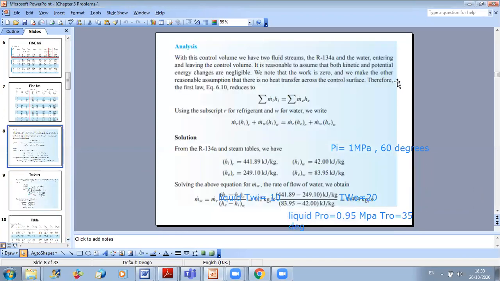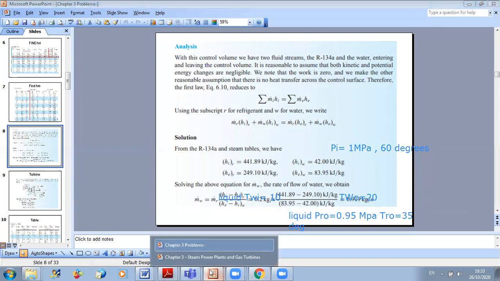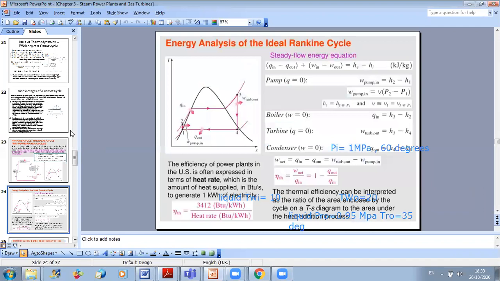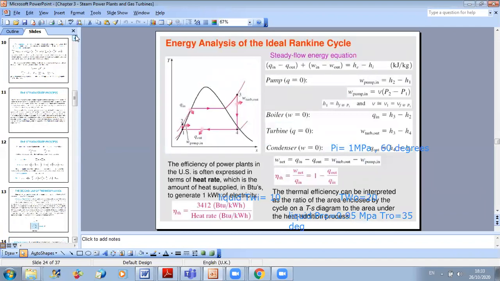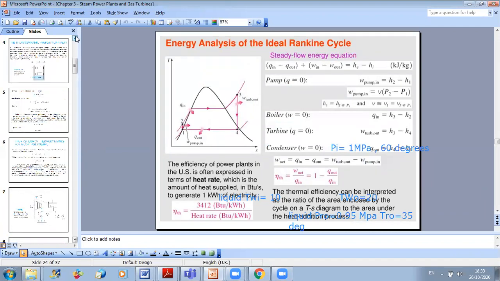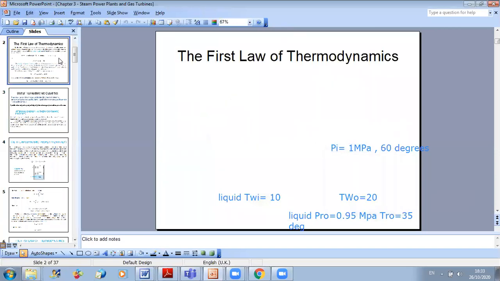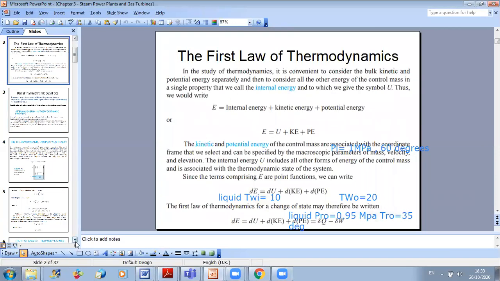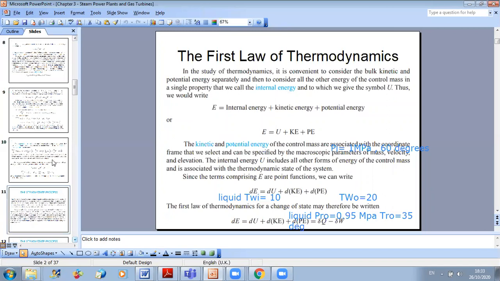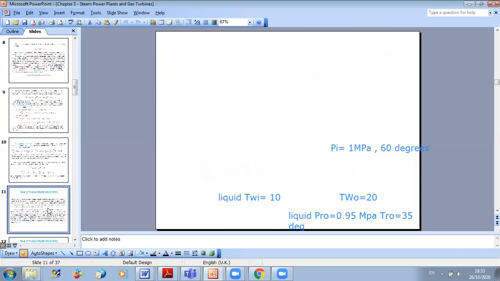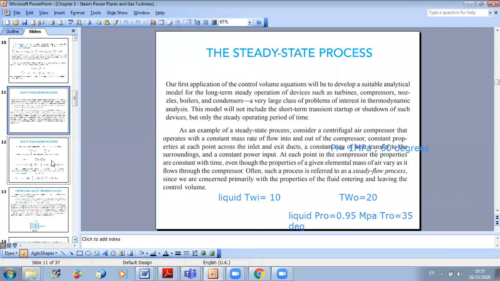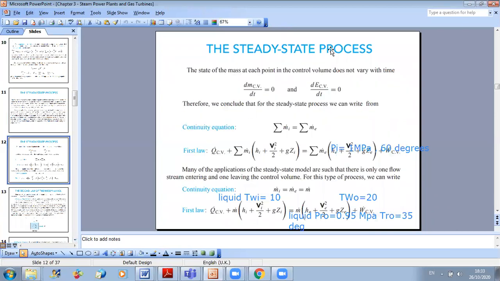So we just apply the relation we have seen together in here. Always go back to this relation. This is the main relation you will use. In the heat exchanger, what are the terms that will cancel out?